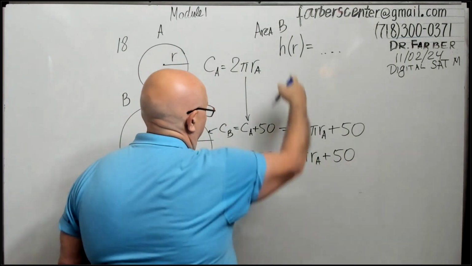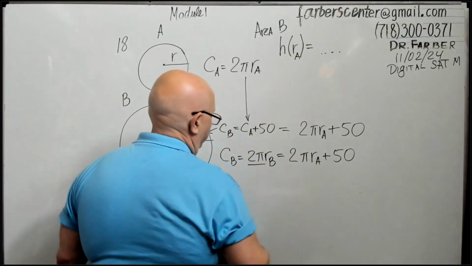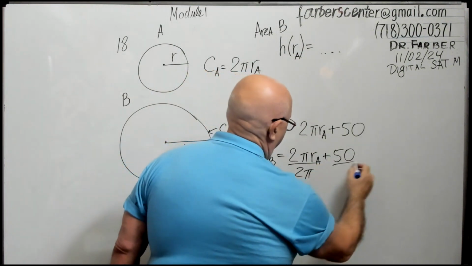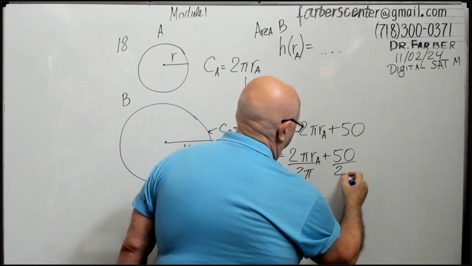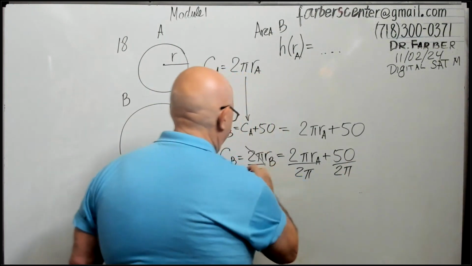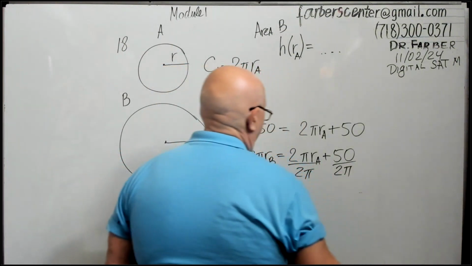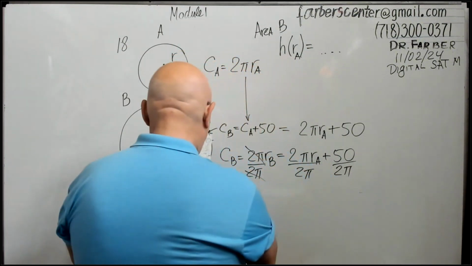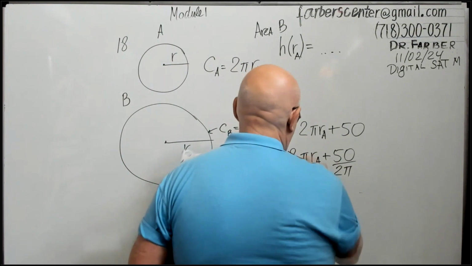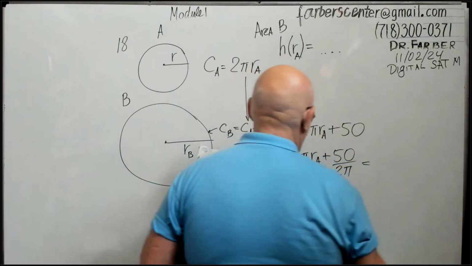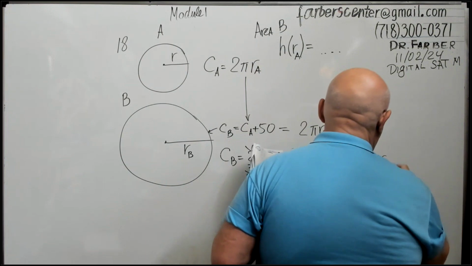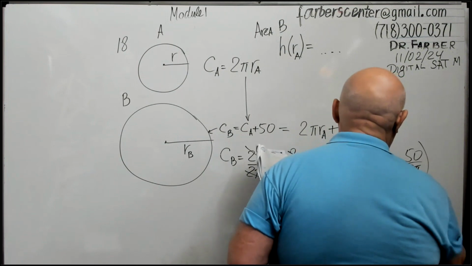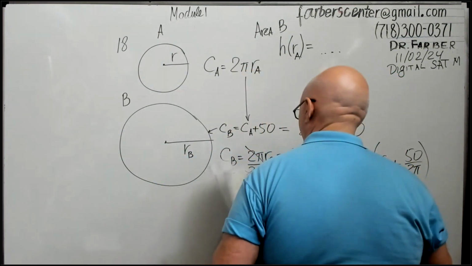I divide by 2 pi both parts and cancel out, and I get a relationship for RB. It equals RA plus 50 over 2 pi.